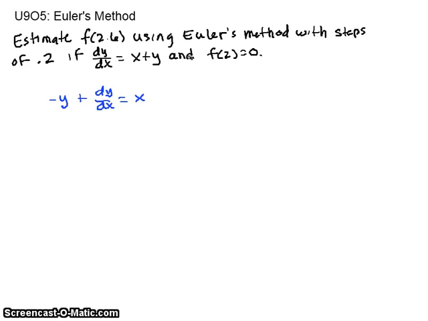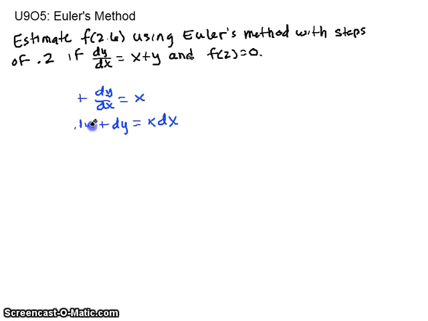So when you go to multiply by the dx to move it to the other side, we would end up with something like this. And that negative y dx, we can't really do anything with. That's a problem. We can't really solve it. So we have to estimate our 2.6 in another way.